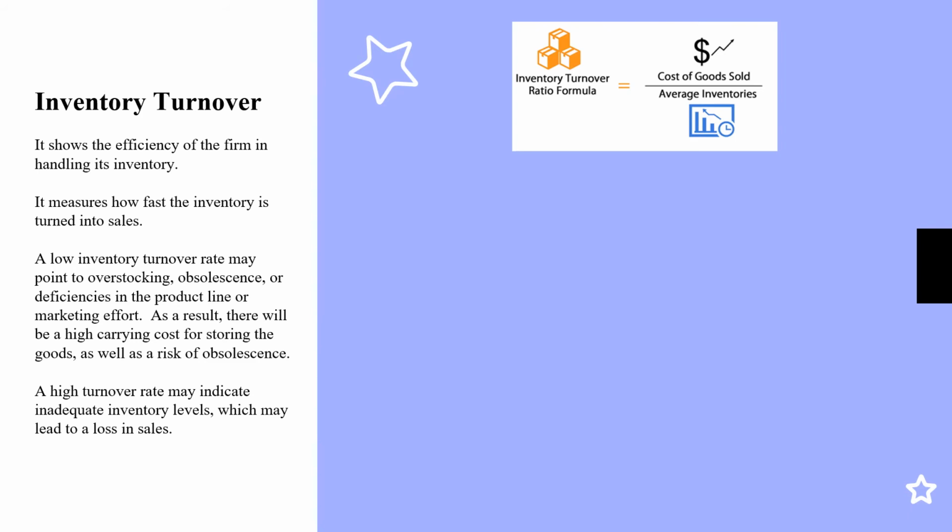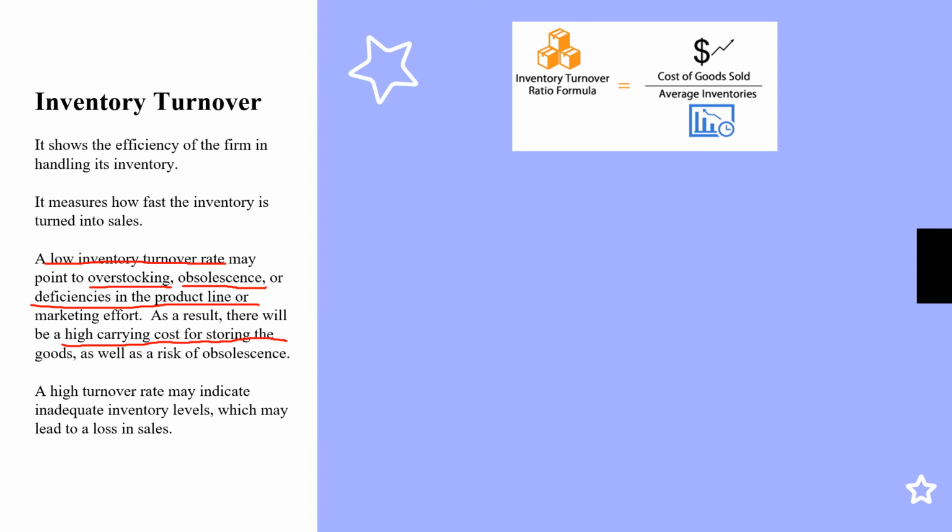So, kapag ang na-yield nating ratio is low inventory turnover rate, so later makikita natin, it may mean may overstocks tayo, meron tayong mga stocks na nagiging obsolete na, or meron tayong mga deficiencies in the product line. So, as a result, kapag marami tayong stocks na nagiging obsolete, we tend to carry a high carrying cost.